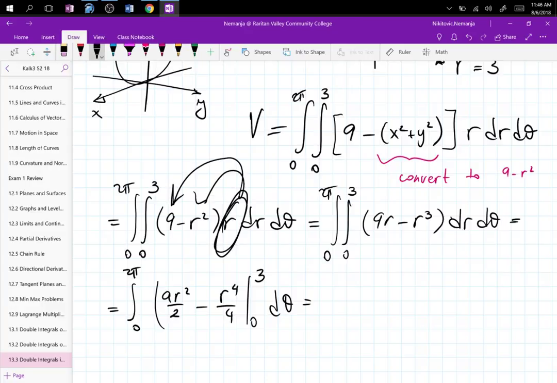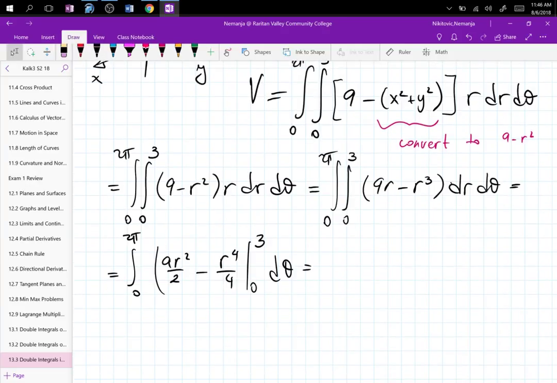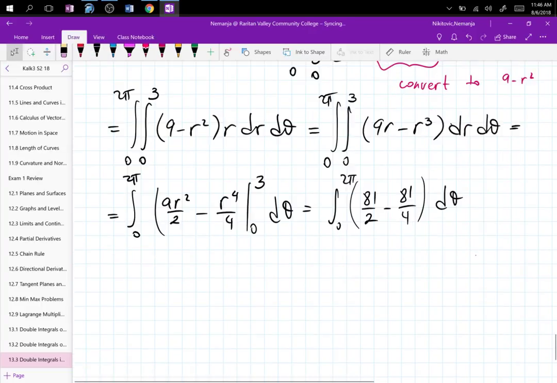Yeah, okay. Right? Good. So now we plug in 3, 0 to 2 pi. That's going to be 81 over 2 minus 81 over 4 d theta. That's 81 over 4.